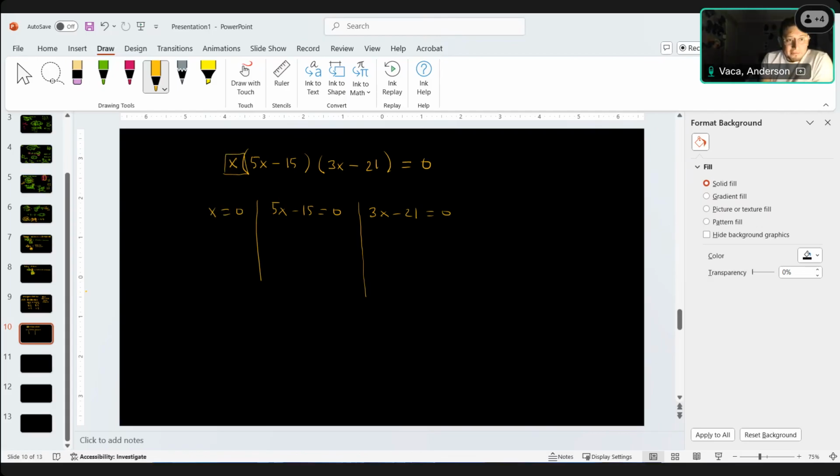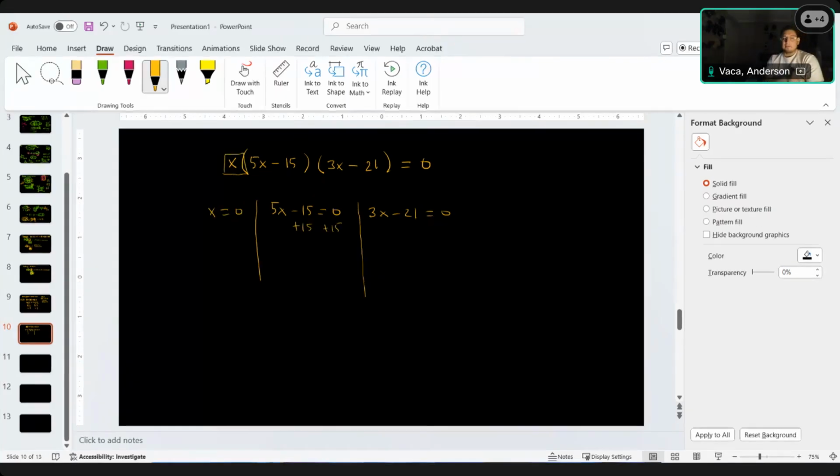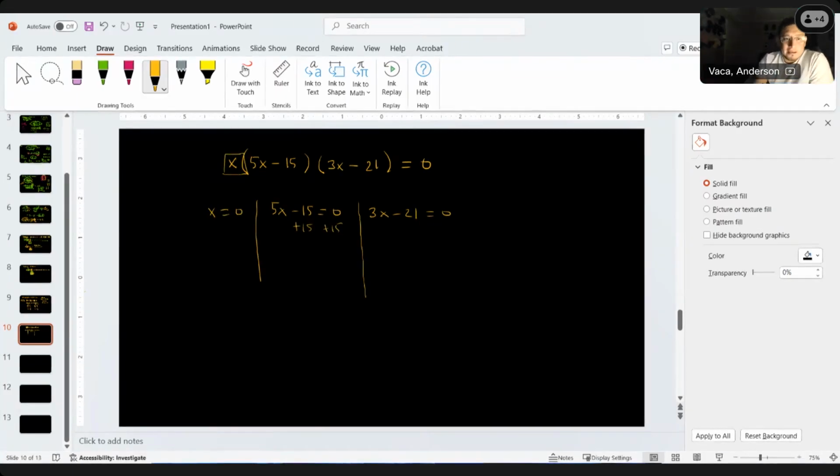There's really nothing to solve here. This is already solved. The answer here is 0. But we've got to do the other two, so we'll do them relatively quickly. There I'm adding 15 on both sides, and so therefore I cross those out. 5x is equal to the number 15. Dividing by 5, x is equal to 3.